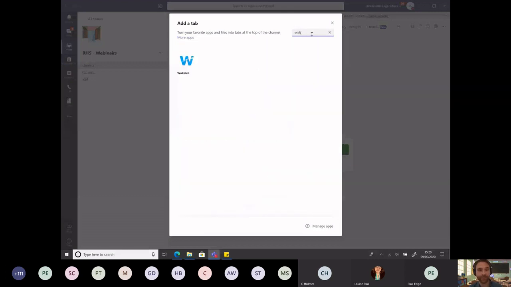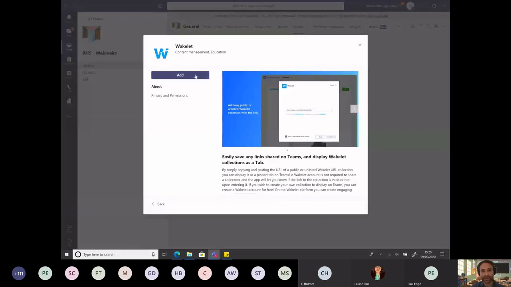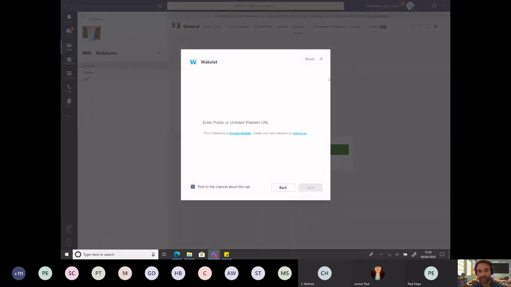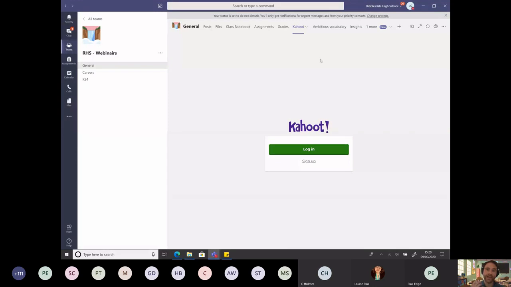So for example, there's currently one that we're using called Wakelet. If I add Wakelet, I can simply add it and it just puts it on the top, and it's easy for the students to access. I won't sign in, but it just means that it's there for the students to access in a quick way.